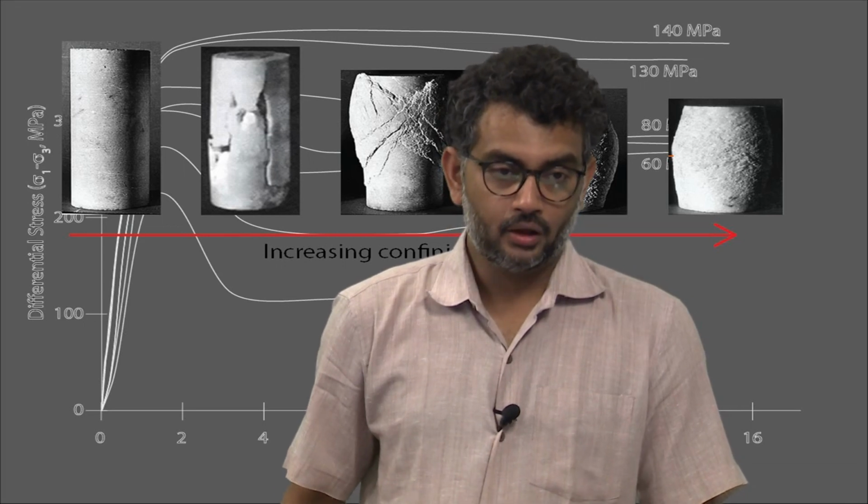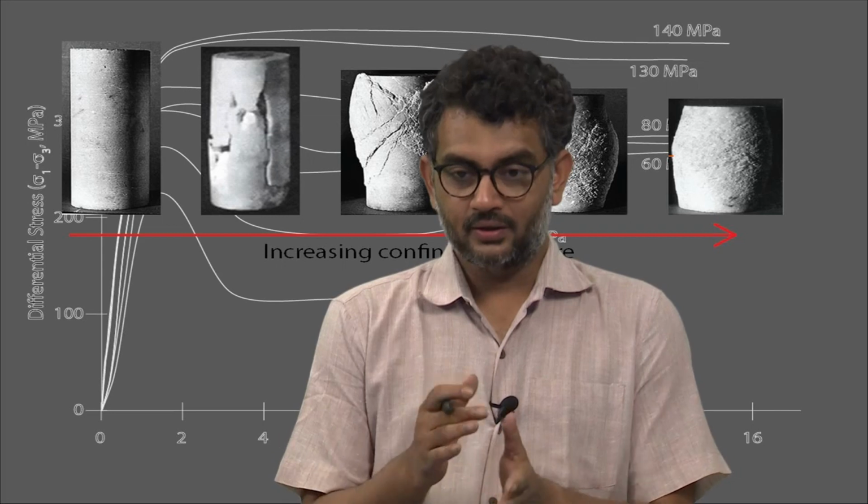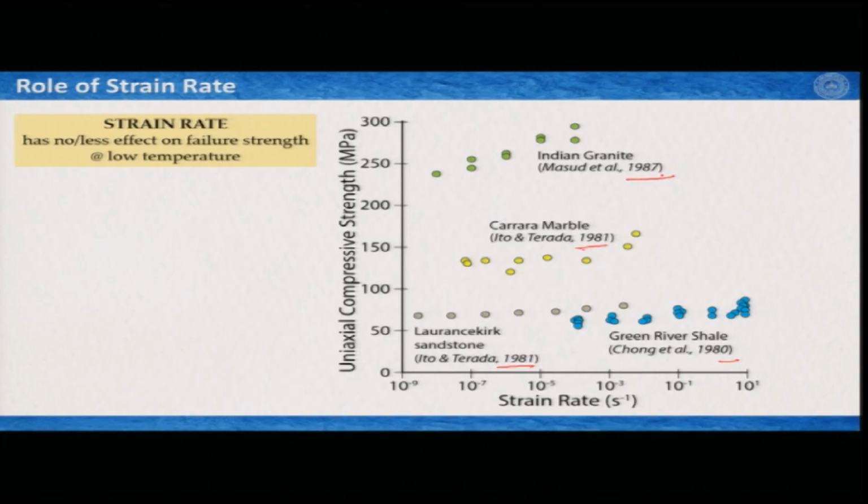But at room temperature or at low temperature, people run experiments. Again, these are pretty old experiments, but here we see that with increasing strain rate, the strength of the rocks is not increasing the way we saw with the Yule marble.